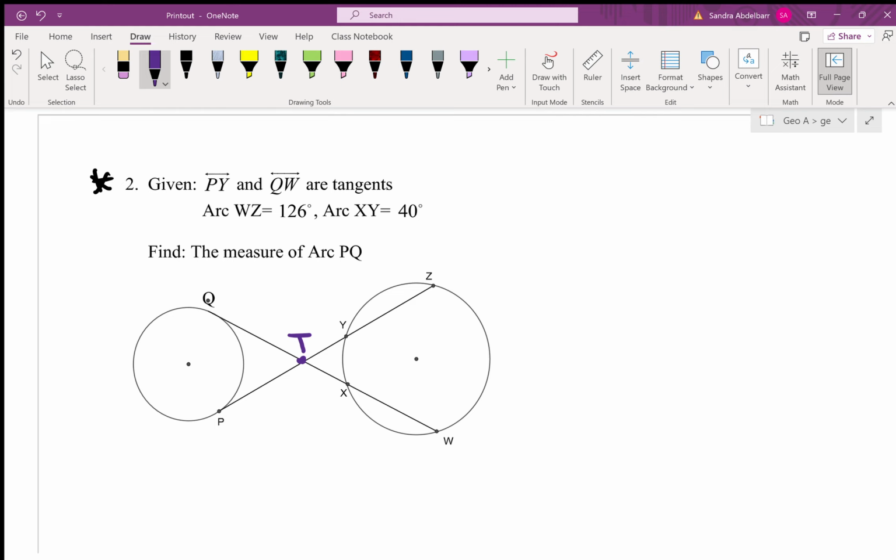And let's call this left circle O and the right circle M. And there should be more information up top where it says PY and QW are tangents to circle O.